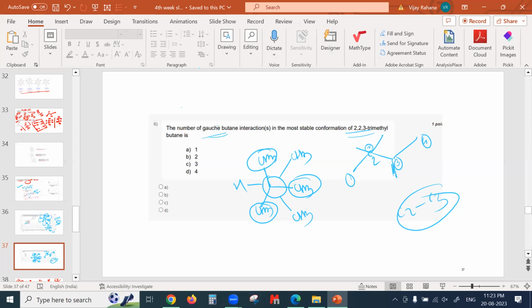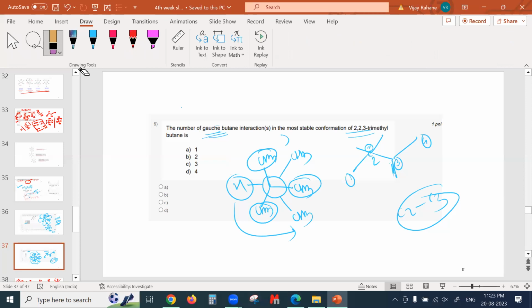We need to find the gauche conformation. The hydrogen needs to be here or here. If you move the hydrogen, the interaction will not change. So how many gauche interactions are possible for this molecule?